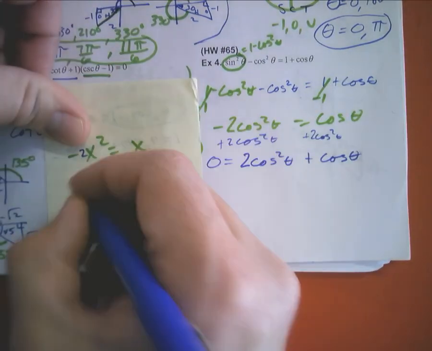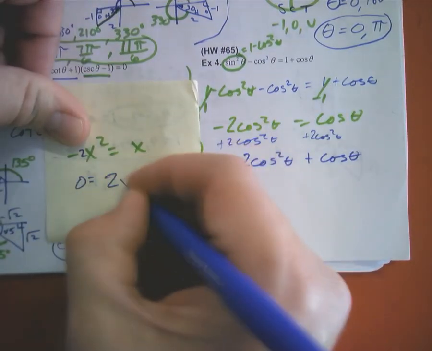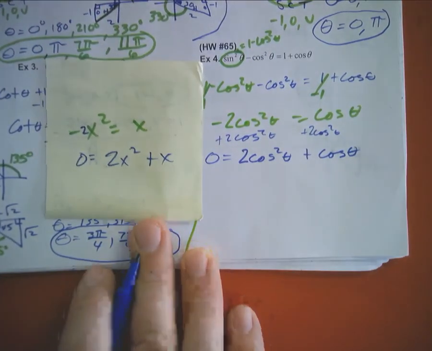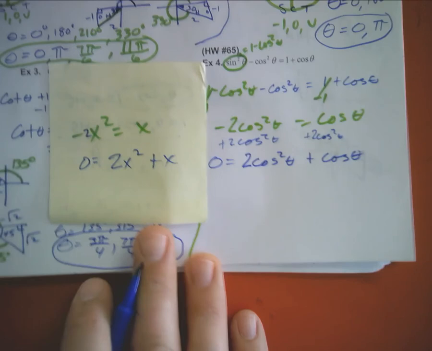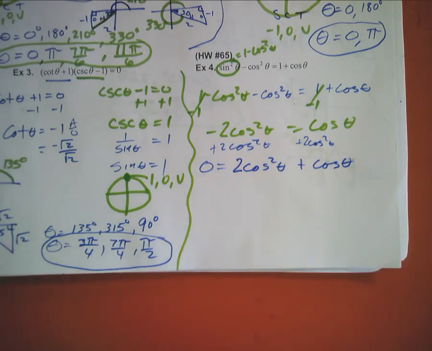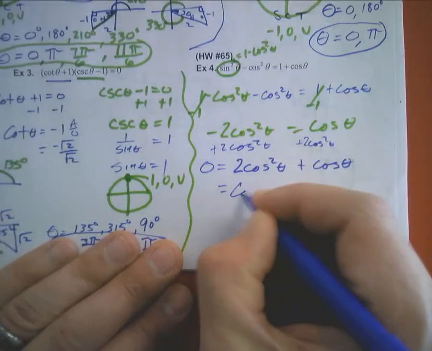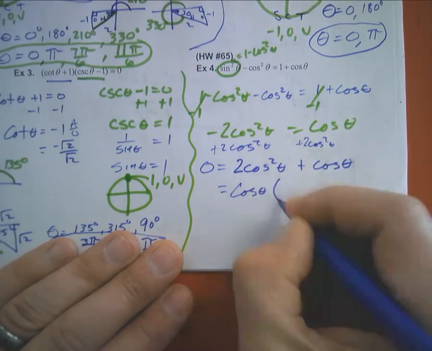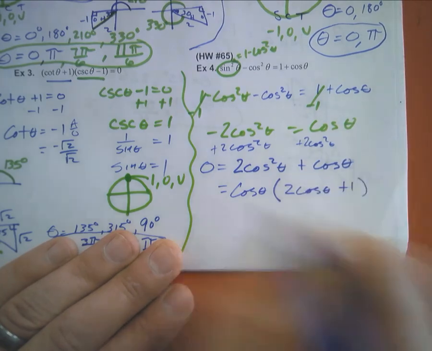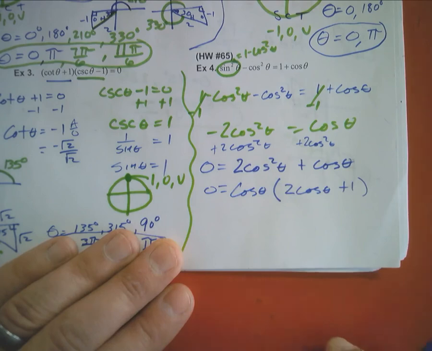So now this is like I got 0 equals 2x squared plus x. Now I can go ahead and take out that GCF. This is just like example number 1 now. So take out that cosine. And that leaves me with 2 cosine of theta plus 1. That's all equal to 0.